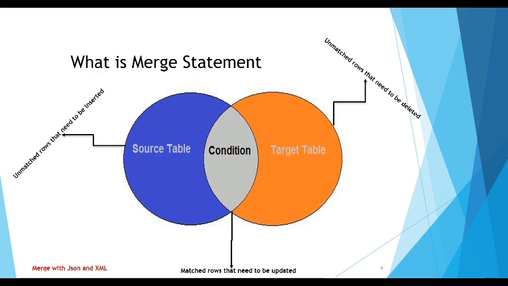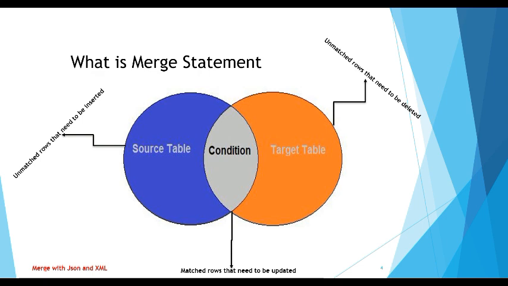Let us see how the merge statement works internally. First, the source table has some rows that do not exist in the target table. In that case, you need to insert those rows into the target table from the source table.